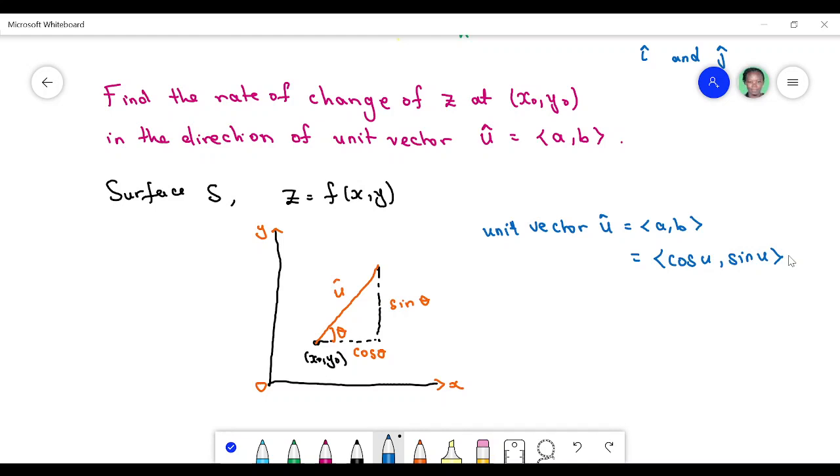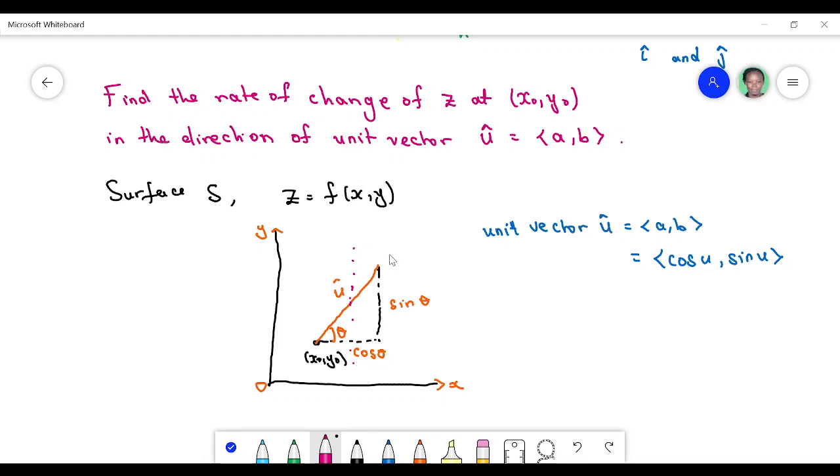So we can find a vertical plane that passes through the point P in the direction of u.